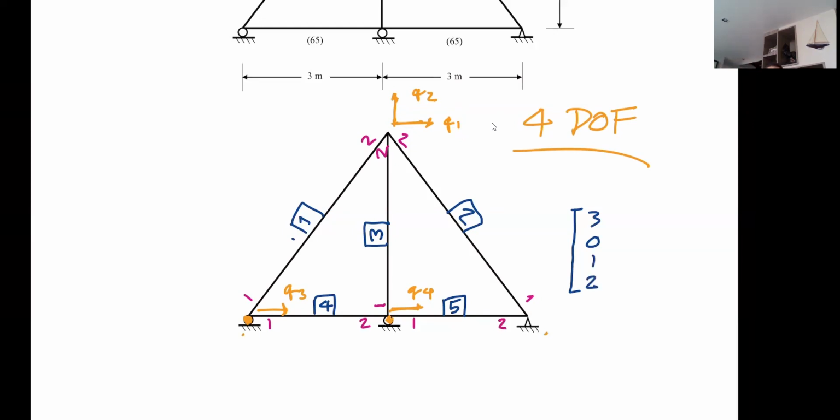Can you fill in the rest before we go today? Okay, let's try it, and I'm going to give you the numbers in the end. Are we done?